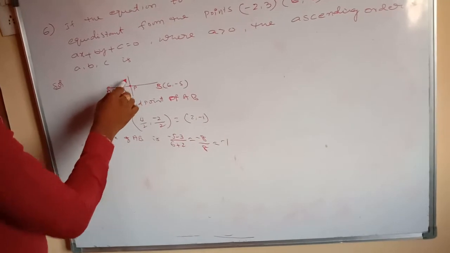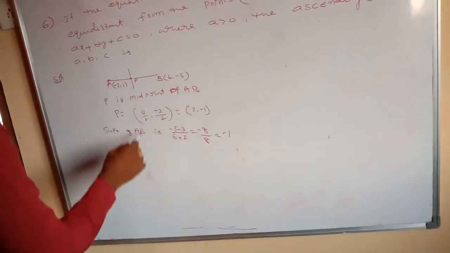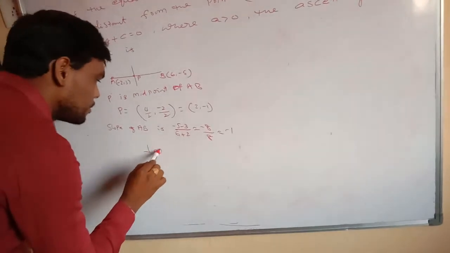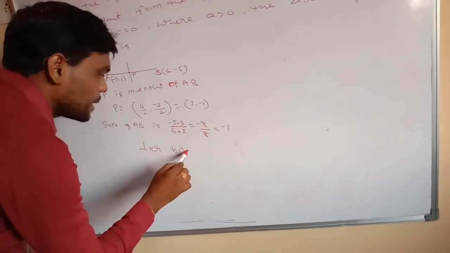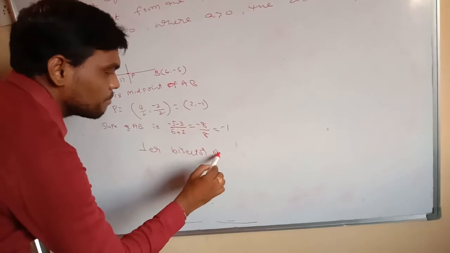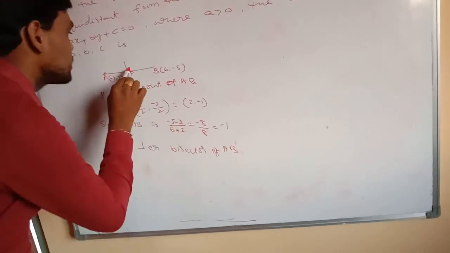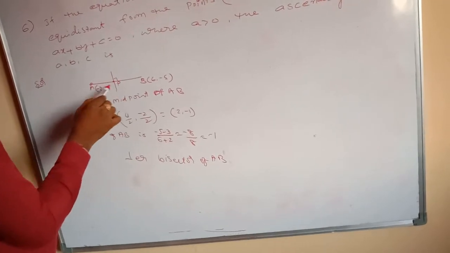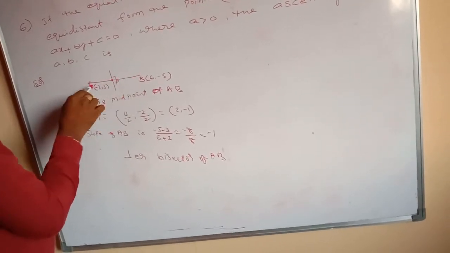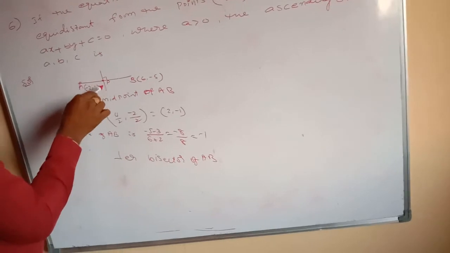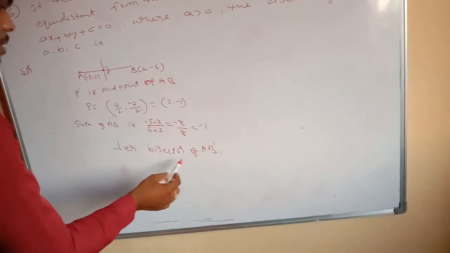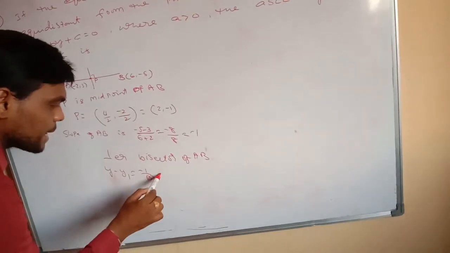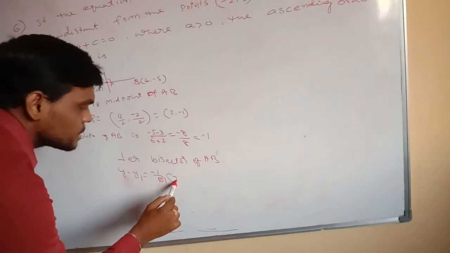Now the equation of the perpendicular bisector of AB. Use the property: the locus of a point which is equidistant from two fixed points is the perpendicular bisector of the line segment AB. Now y minus y1 is equal to minus 1 by m into (x minus x1).